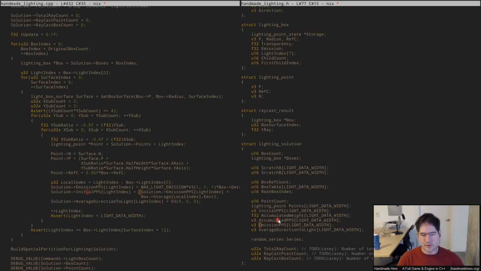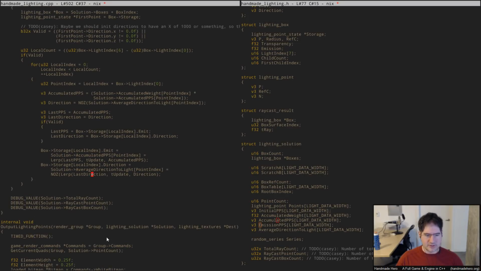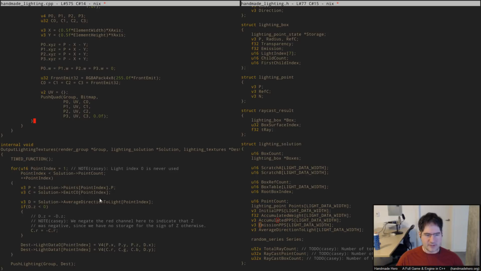The initial PPS stores whatever amount of emission particles per second are supposed to happen, plus whatever the emitted ones were. And I know my accumulated is going to be something that's based on all of the averaging that's happening. And so what I want to do here is remember that so that later when we come through here to output the actual value, I want the color of the surface to be the accumulated photons per second plus the emission photons per second, because that is actually coming at the eye as well, right? Those emitters are coming directly out of the surface in addition to anything that bounced off the surface.